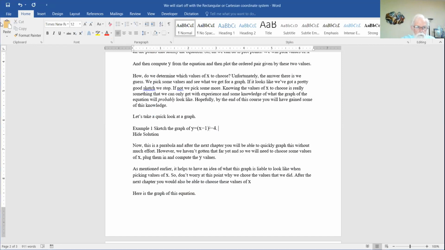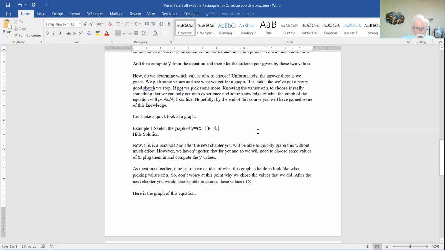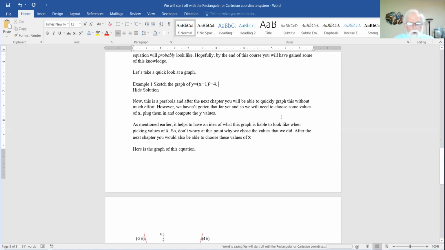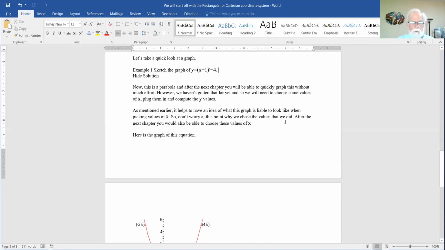Okay, this should be x minus 1 squared. So we can actually use a graph to solve this equation. This is a quadratic equation because we are squaring this term. And if you remember, the value of this term, when we square what's in the parentheses, is x squared minus 2x plus 1.